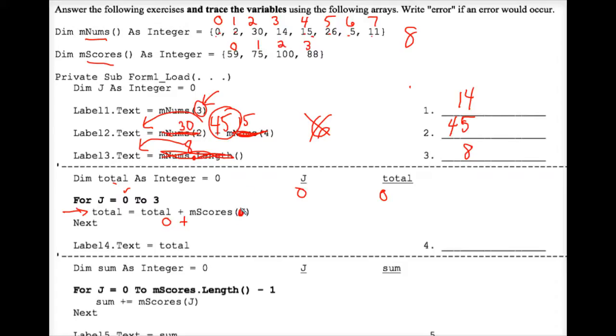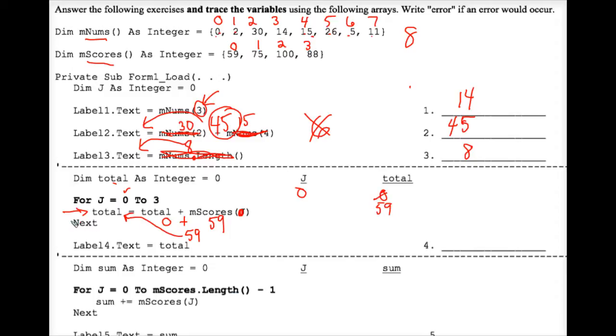And m scores 0 is really 59. So this code is saying, what is total plus m scores 0? In other words, what is 0 plus 59? That's the number 59, and that 59 is going into the variable total. So it's crossing out the old 0, and we have a 59 there.